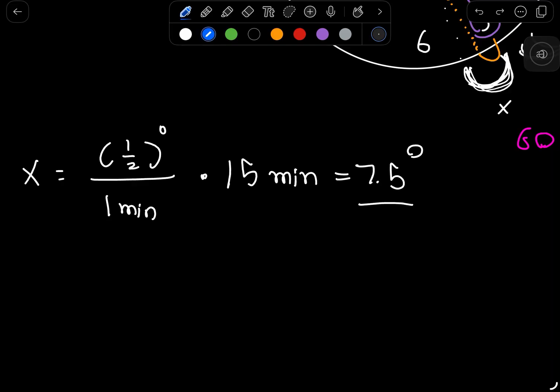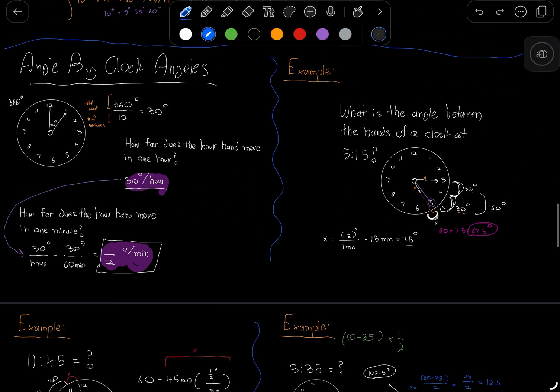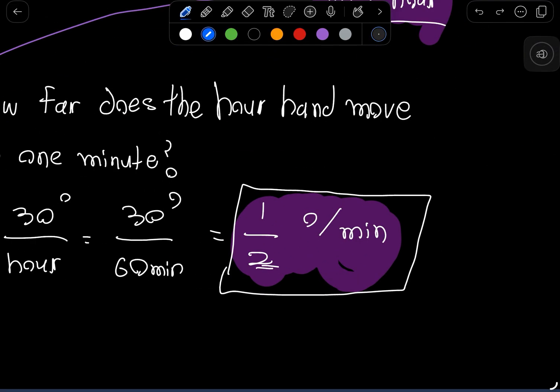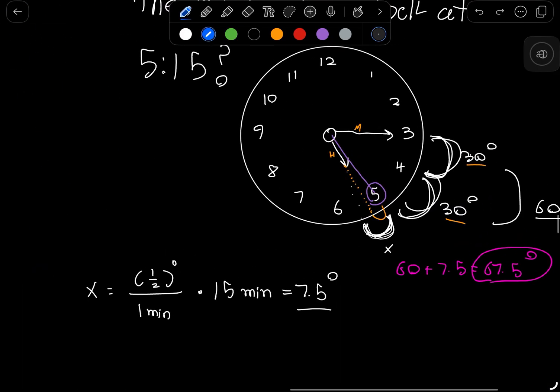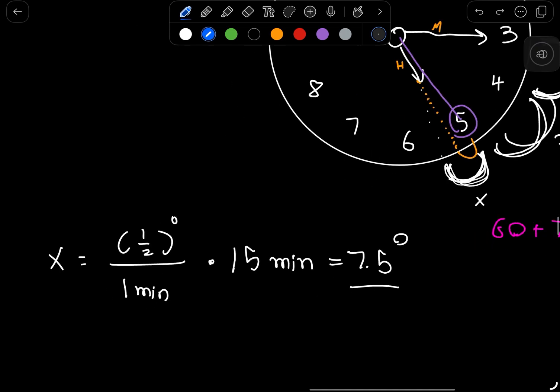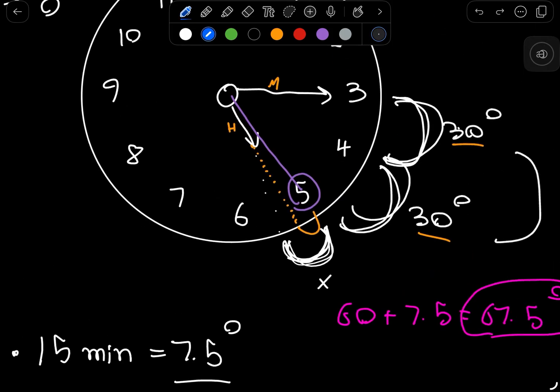The reason you multiply by 1/2 is because we learned about a specific ratio, or unit conversion: the hour hand moves 1/2 degree every minute. So after 15 minutes, it would move 7.5 degrees.